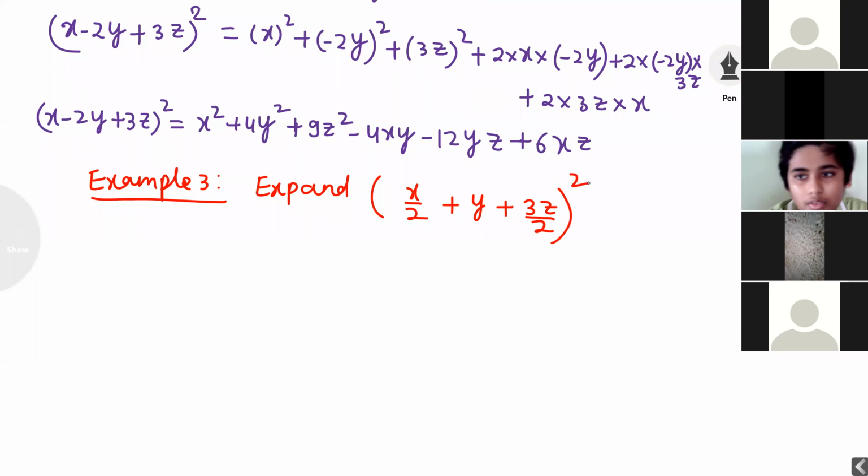My favorite is fraction. Note down. X by 2 plus y plus 3z by 2 whole square.